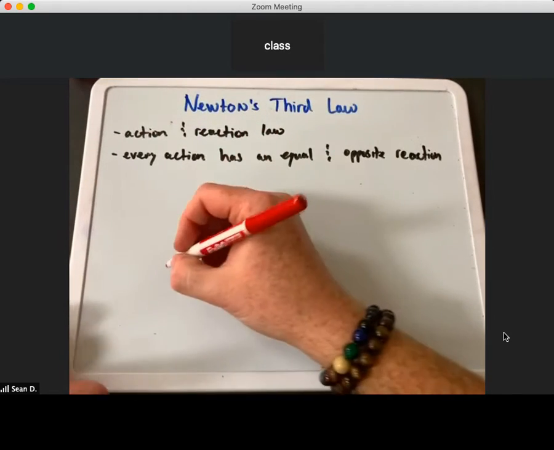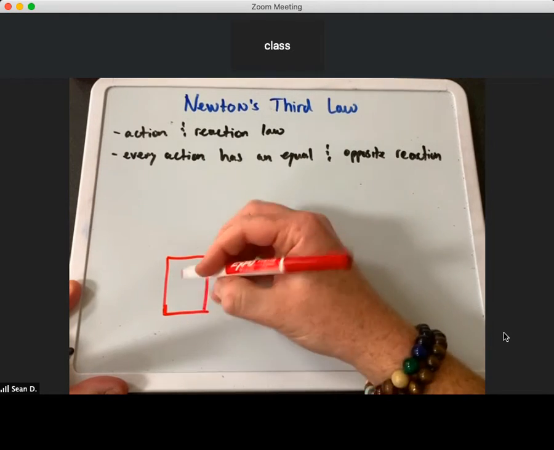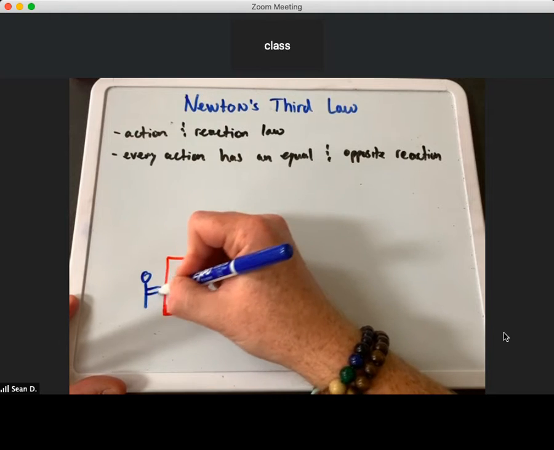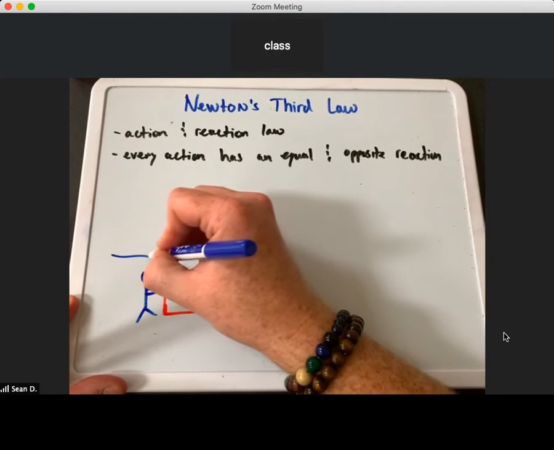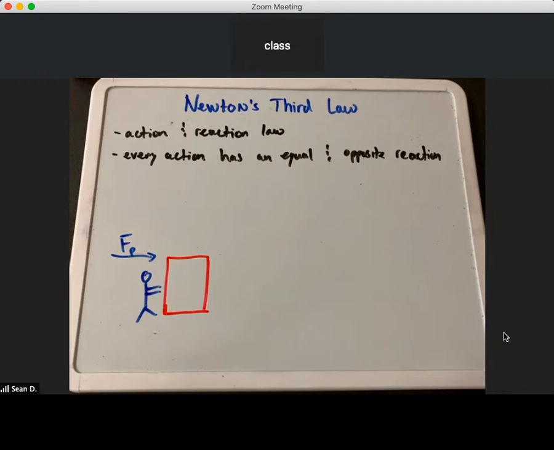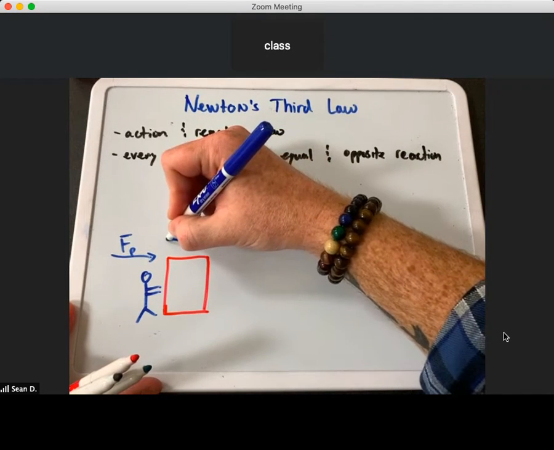Let's say that you're asked to move a very large dresser. It's this red dresser right here. And you are pushing against that dresser with a force towards the right. You're pushing, you're exerting energy, you're getting tired, you're sweating. You know that you are applying a force to this dresser, but it is not moving. And that's because the dresser is pushing back.